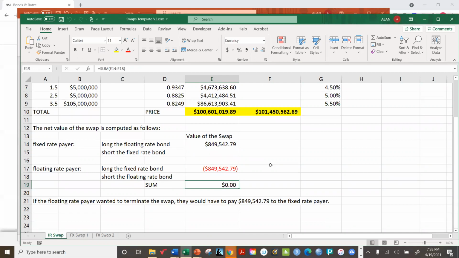Now, normally these are contracts between the two sides. You don't normally go off and sell the swap to somebody else, because you've made an arrangement with a counterparty.